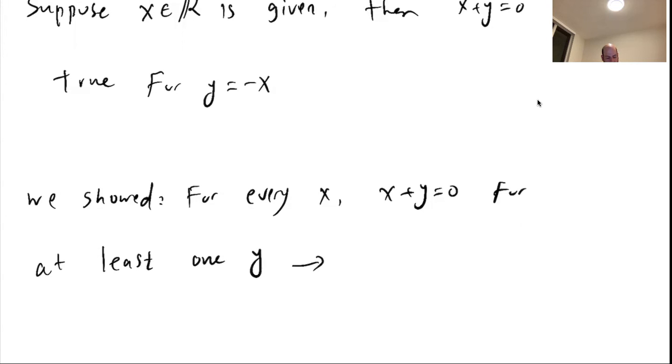So that means we can say, for every x there exists y such that x plus y equals 0, and this is true.